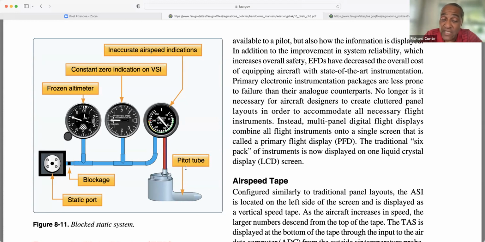When we're standing still, there is no air going over it, so it reads 0. When we're going forward, the pitot tube has 2 holes. In the front, it has the pitot hole, where the ram air goes through. And in the back of it, and I do have another drawing that shows that, if I can find it.